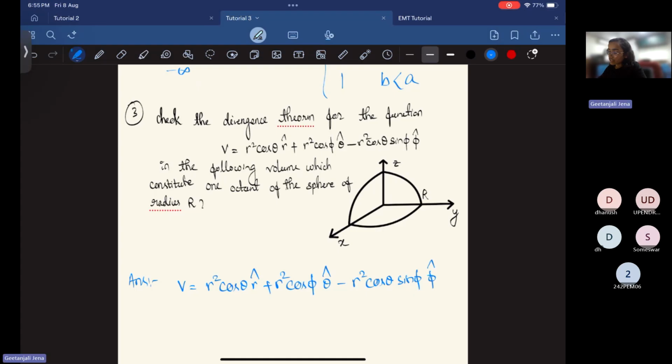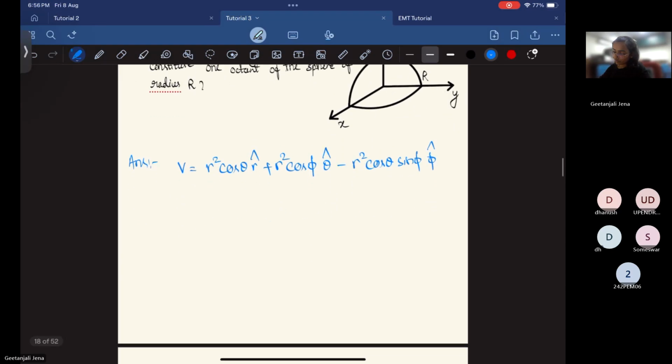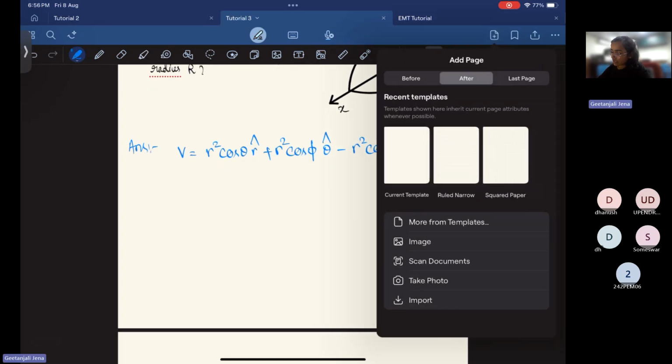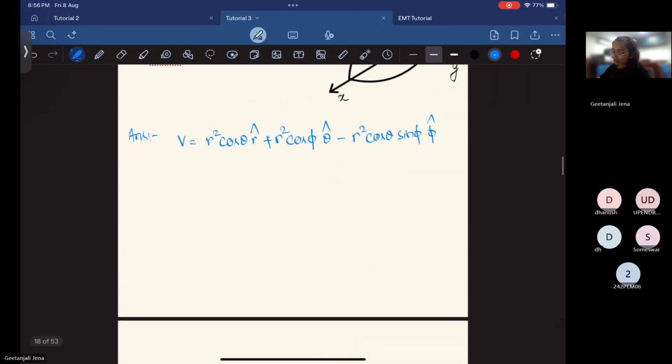We have to check whether the divergence theorem for this function is valid in the following volume. The volume is one octant of the sphere of radius r. So let me go through the steps because it will take 2 minutes to solve it.